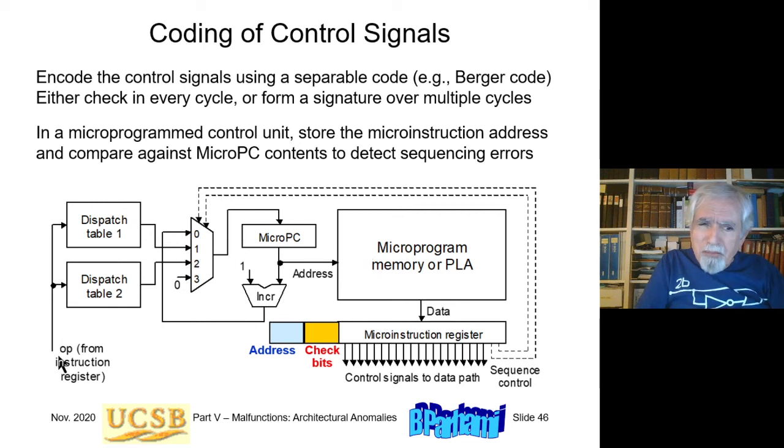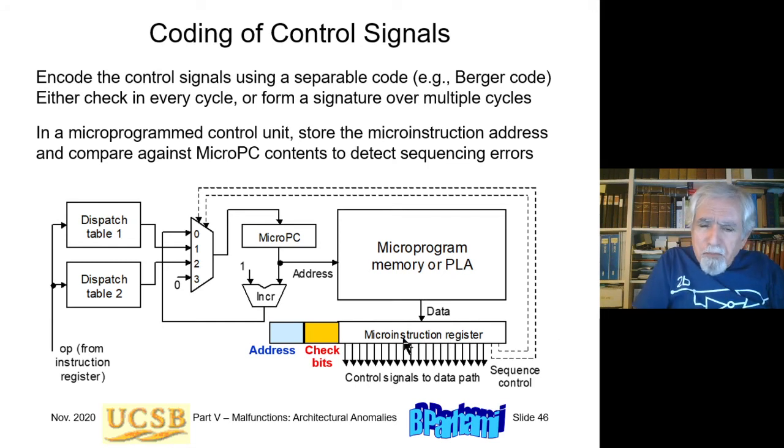And those jumps can be instruction dependent. So if you're executing an add instruction, for example, and you have done operand fetch, then you go to a particular micro instruction to do the actual addition. If you're doing multiply, then you go to a different micro instruction. So the opcode determines which entry of the dispatch table dictates the next micro instruction. Okay, so these are things that you should know from computer architecture.